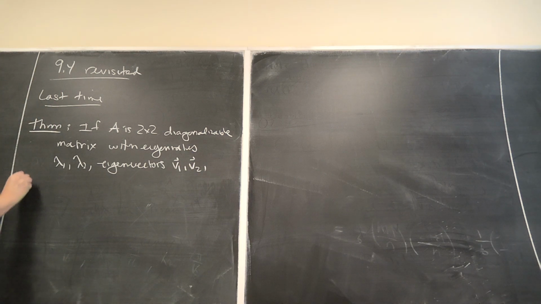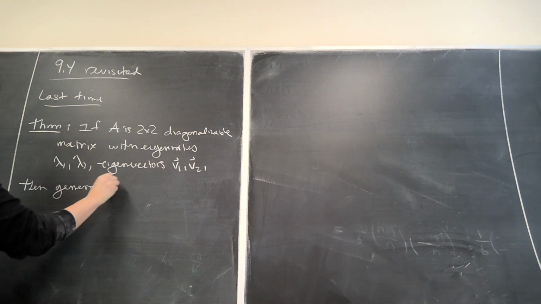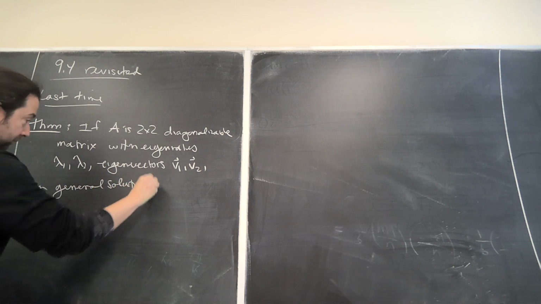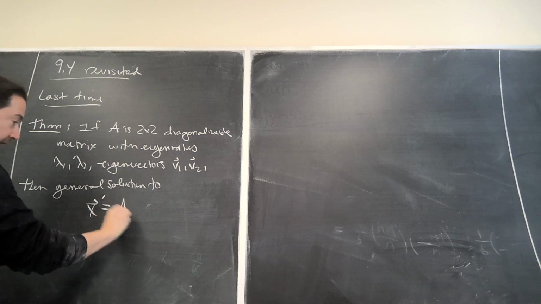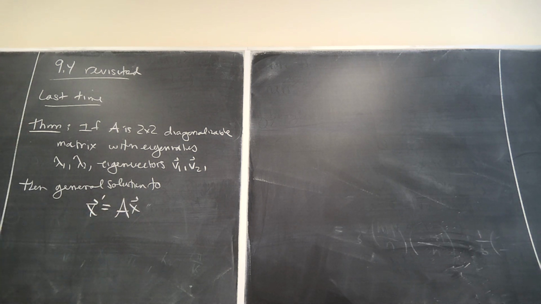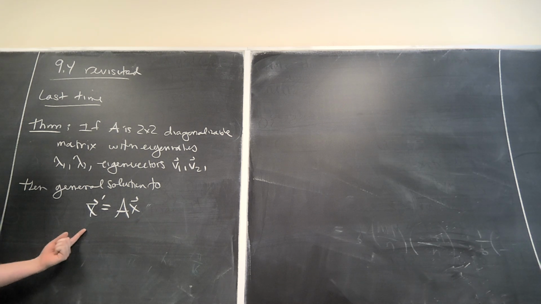then the general solution to the vector differential equation x prime is equal to Ax. So this is going to have to be a vector because I'm asking for a vector that if I multiply it by A, I get the same thing as if I took its derivative.